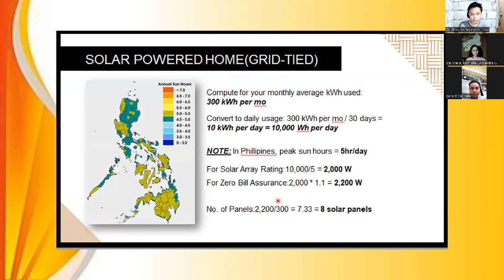Yung array rating natin is 2,200 watts, i-divide natin siya sa 300, equals to 7.33. So i-round up na natin siya sa 8 para sure na wala ka na talagang babayaran. Yan, so ganun mag-compute ng zero bill.